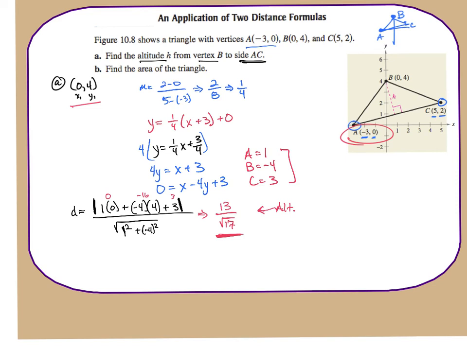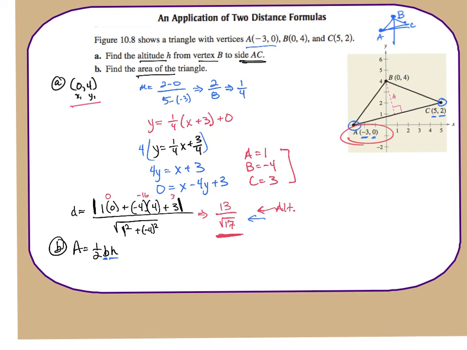So on part B, it asks us to find the area of the triangle. So when we go back to geometry, the way we find the area of a triangle is 1/2 base times height. Well, my height is just my altitude, so we already found that. So now we need to find the base.